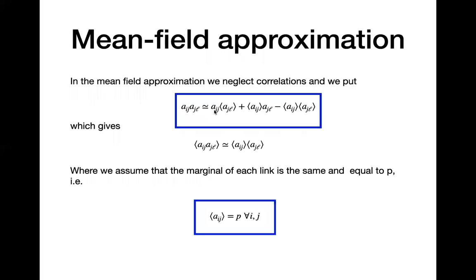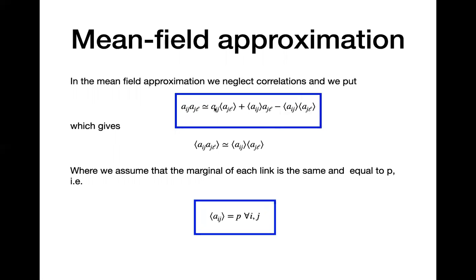You take the first element and multiply by the expectation of the second, and then you take the expectation of the first and multiply by the second, and then you need to subtract a constant factor, which is the product of the expectations of both elements.